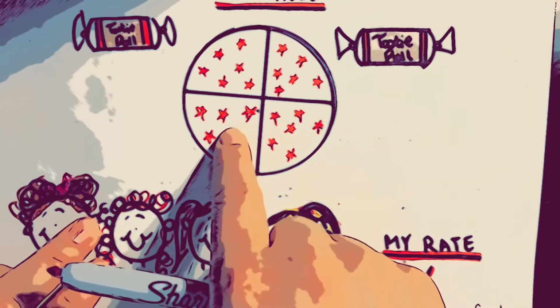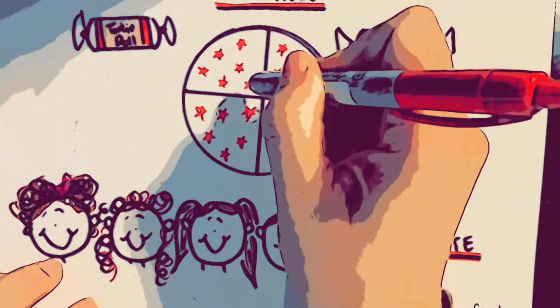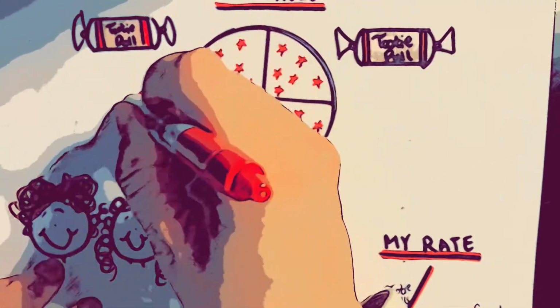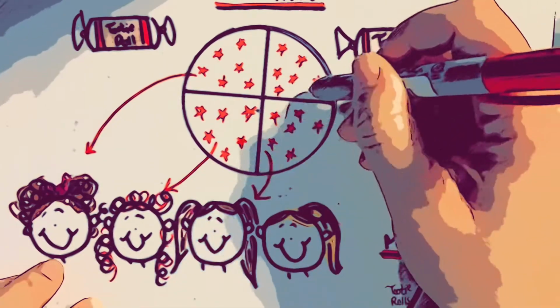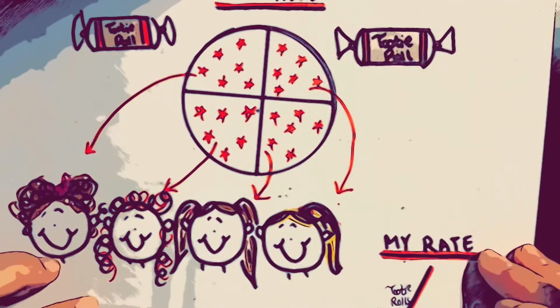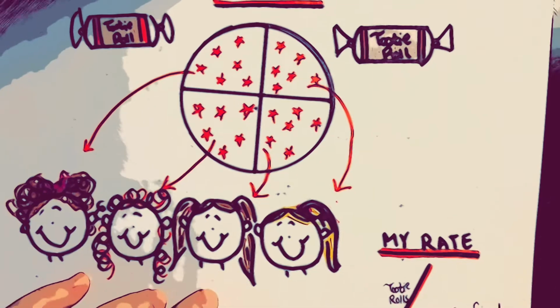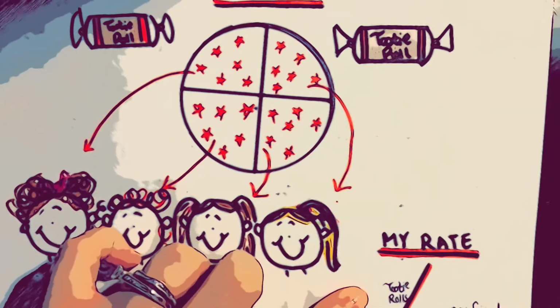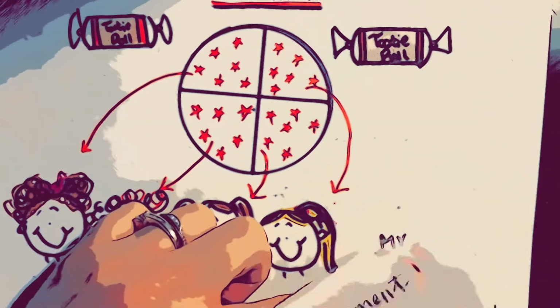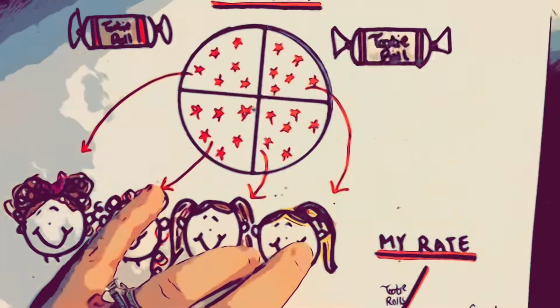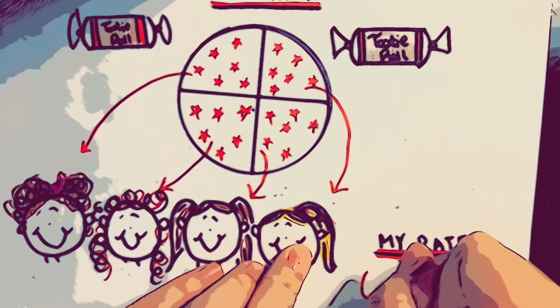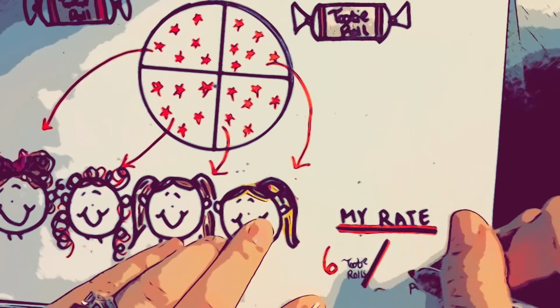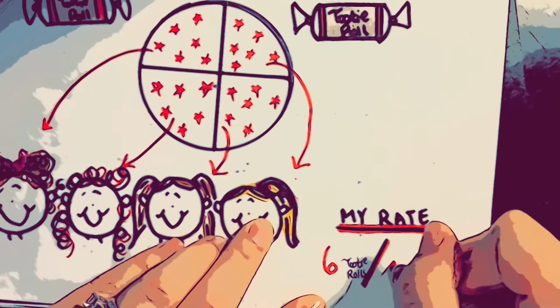The stars represent my 24 Tootsie Rolls, and I know there are 6 Tootsie Rolls in each of my groups, and I can assign these Tootsie Rolls to each of my 4 friends. All of my friends get 6 Tootsie Rolls. If we were to communicate this in a measurement or rate, that means that there are 6 Tootsie Rolls per every 1 friend.